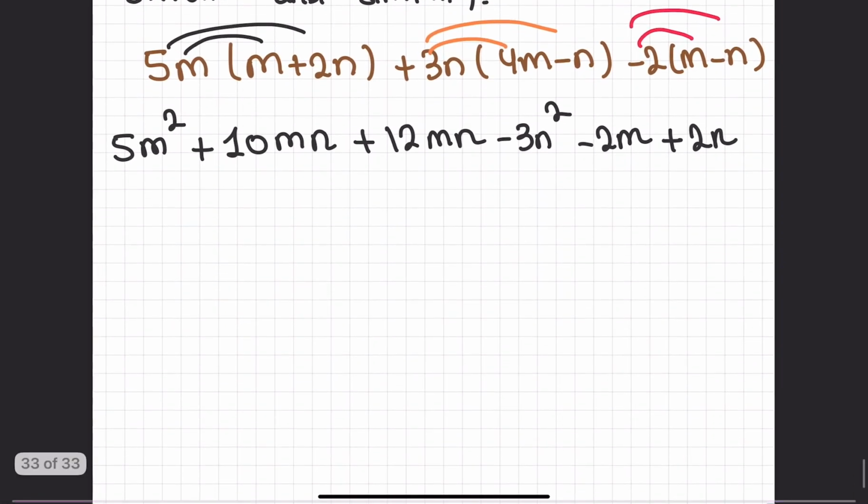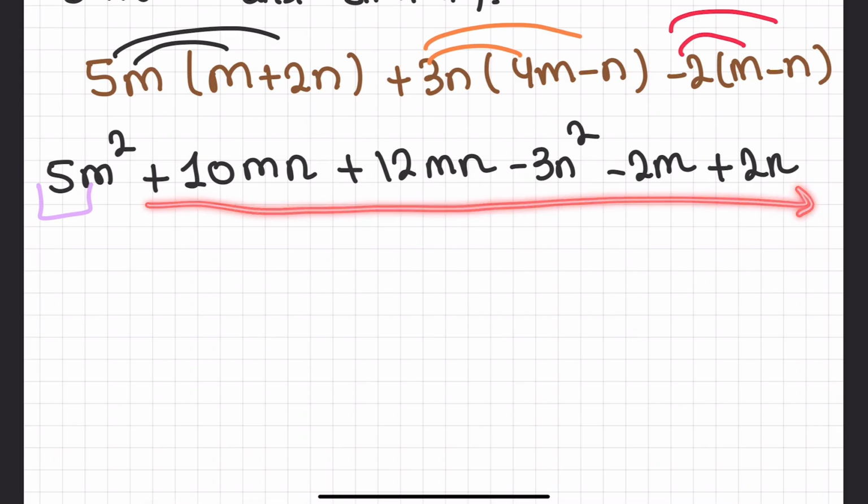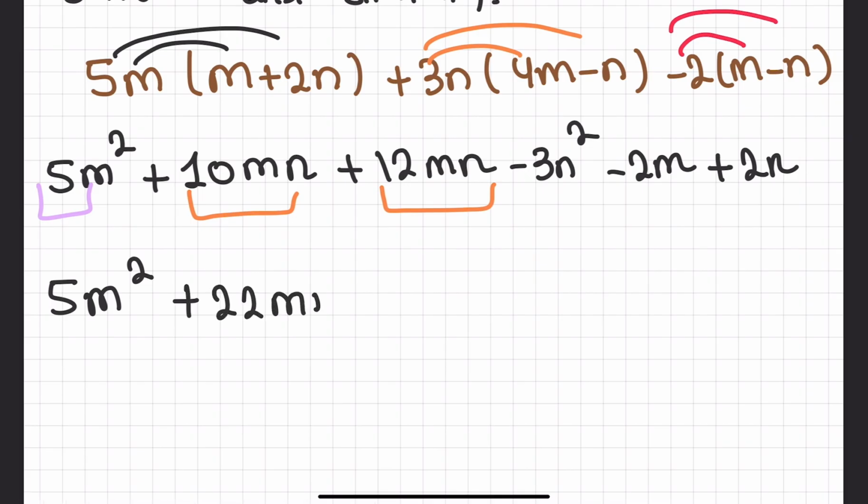So you just have to find the same variables. So I have m squared here. Let's look around. Do I have any m squared here? I don't have any. So it's just going to be 5m squared. Here I have 10mn. I have here 12mn, and that's it. So 10 plus 12 is 22mn.